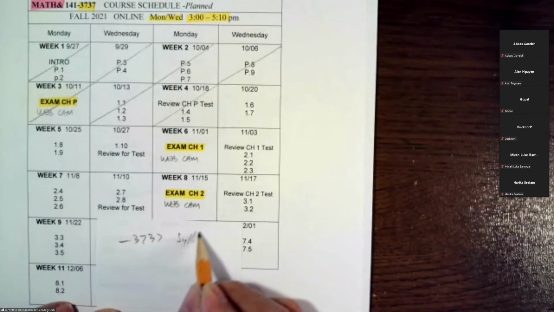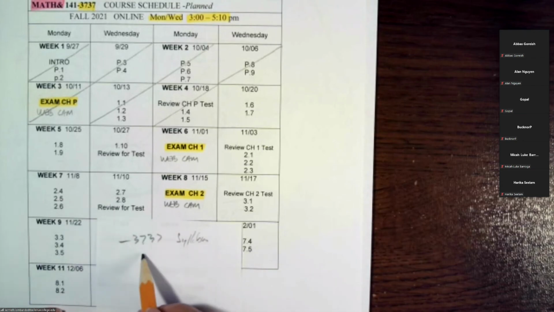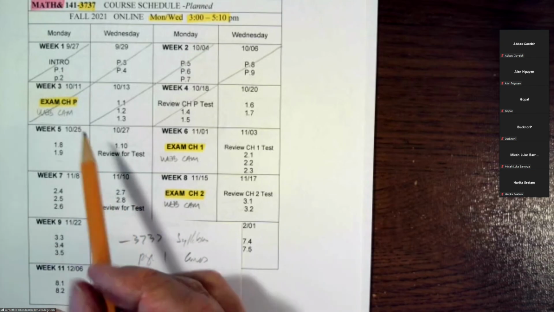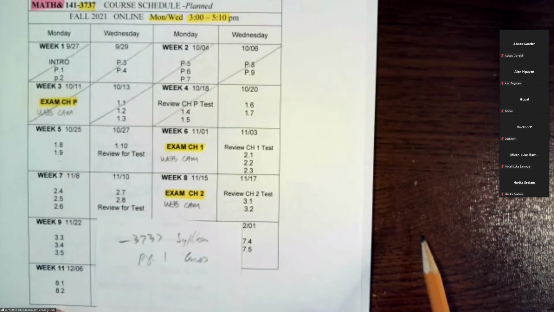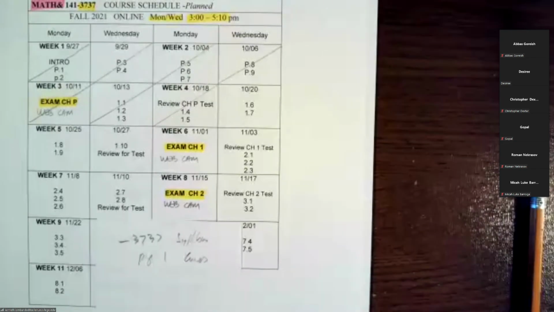It was in the syllabus? Yeah, it's on the main page on your Canvas. Okay. I will make that change. We're covering 1.8 and 1.9. It's possible that that carried over from a different quarter, professor, or a previous year or something like that. But it definitely says that for week 5, 10/25, no class. Yeah, I will make that change as soon as we're done here.